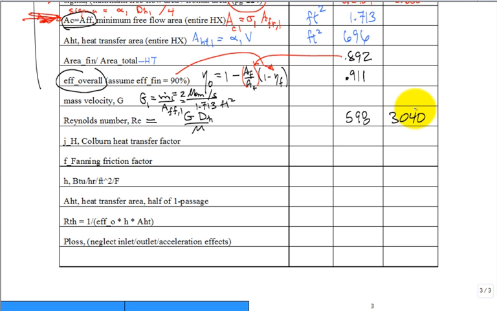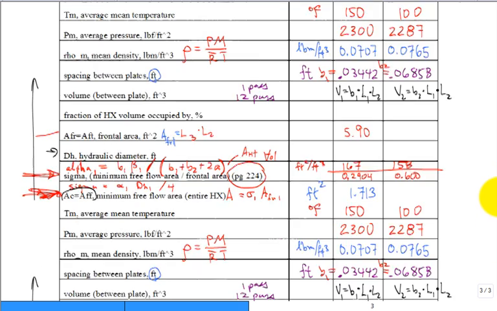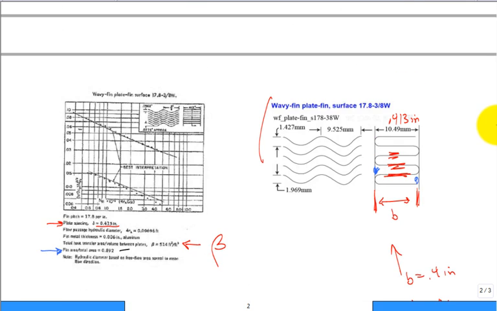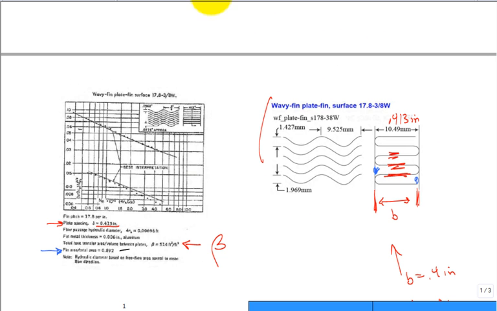Now, they ask you to get the Colburn heat transfer factor and the fanning friction factor. Well, guess what, you need to get those off of the plots. So if you can remember 600 and around 3,000, we'll scroll back up and take a look here. And 600 is right in this vicinity, isn't it?